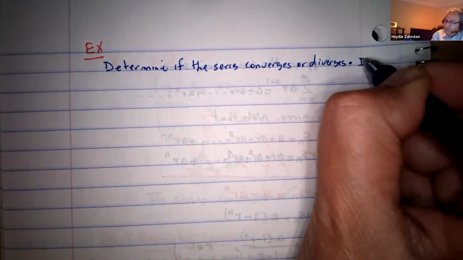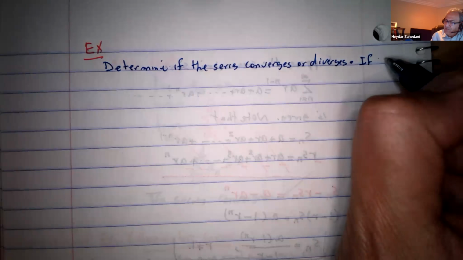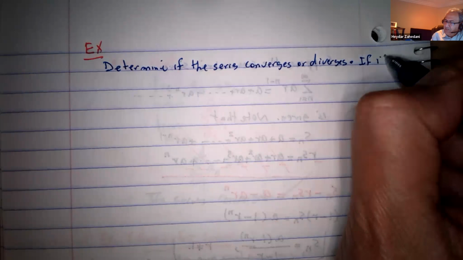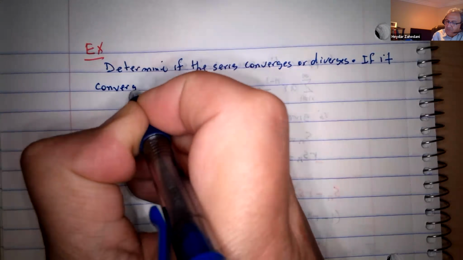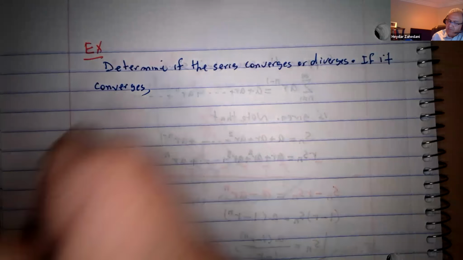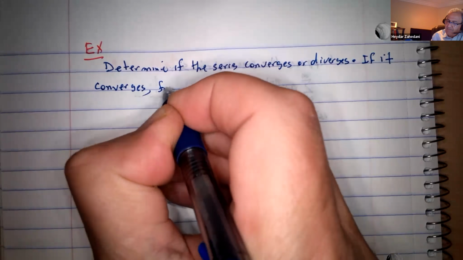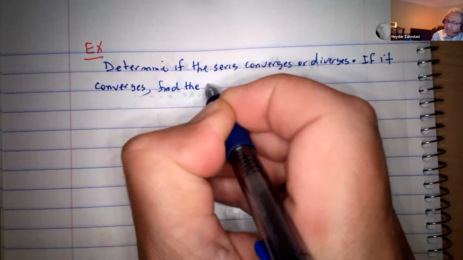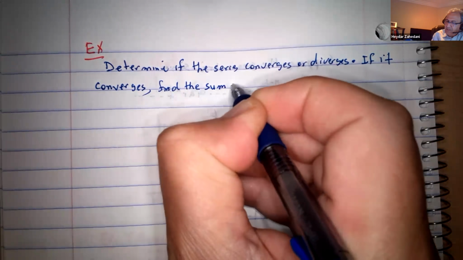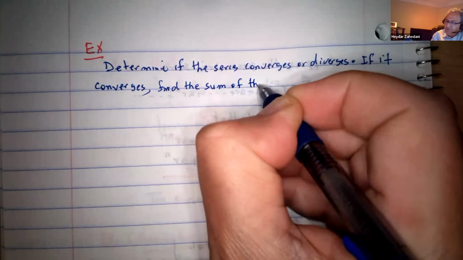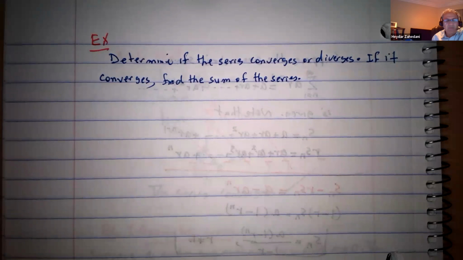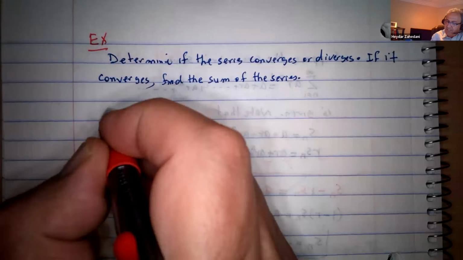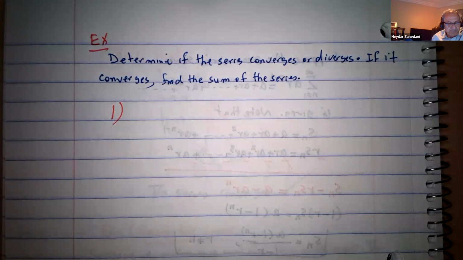Sometimes they say, if it converges, find the sum of the series. Find the sum, meaning S, the sum of the series. And for the time being, you are going to have geometric series only.